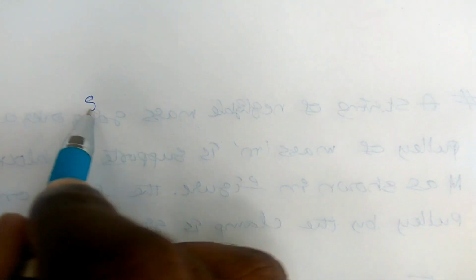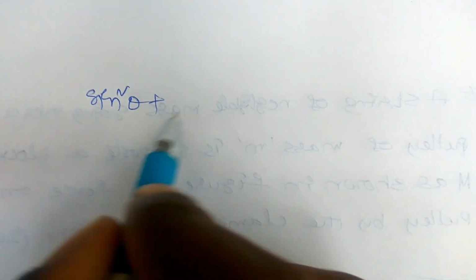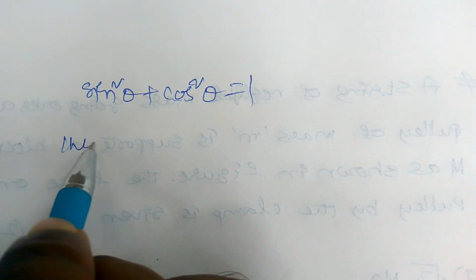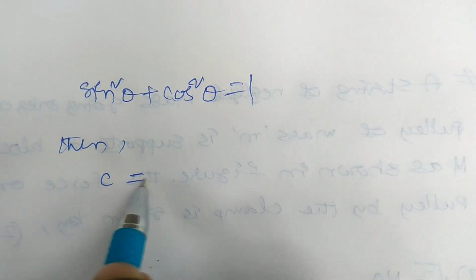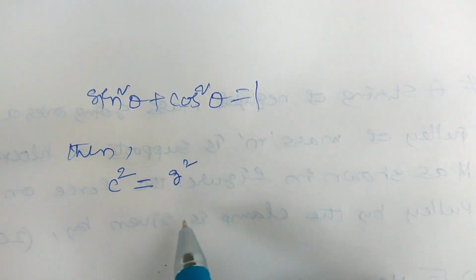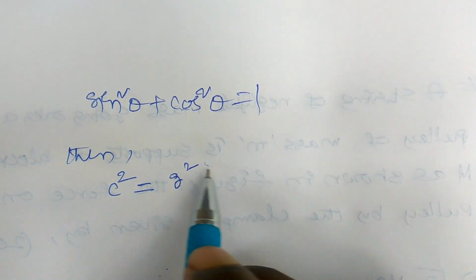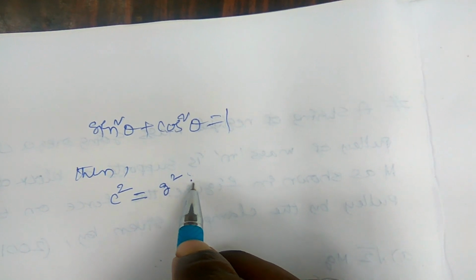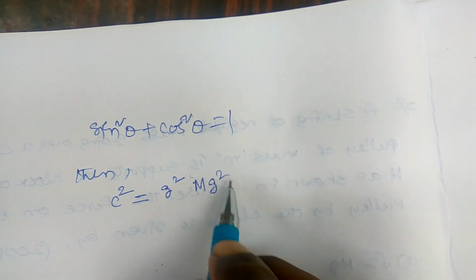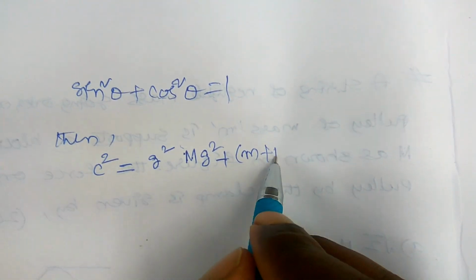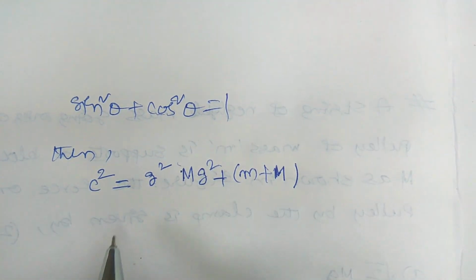Now sin square theta plus cos square theta is equal to 1, so we can write C square is equal to g square into capital M square plus small m plus capital M whole square.